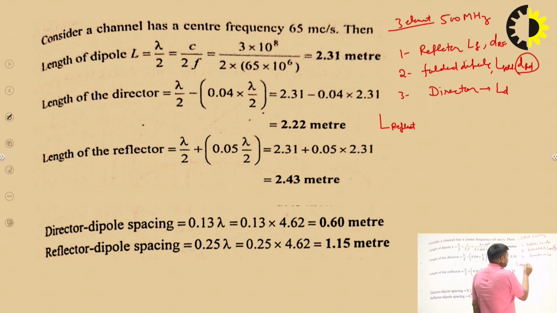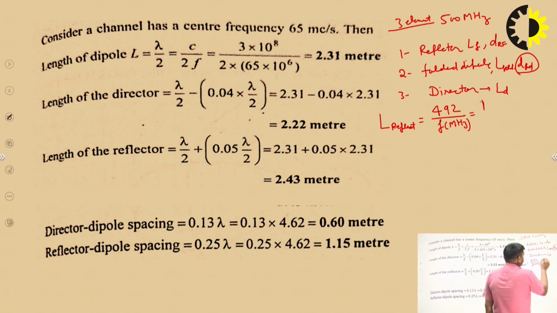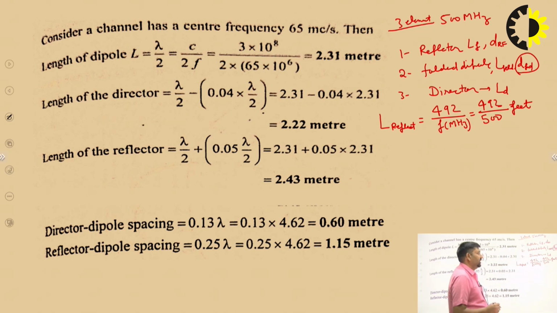The reflector length formula is 492 upon f in megahertz, in feet. So in 492 upon f, we directly put 500, because in that particular formula we have to put the frequency in megahertz. So 500 megahertz is here. We easily calculate the reflector length as 492 upon 500 feet.